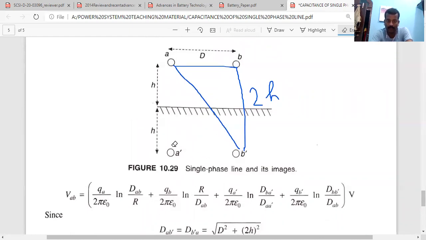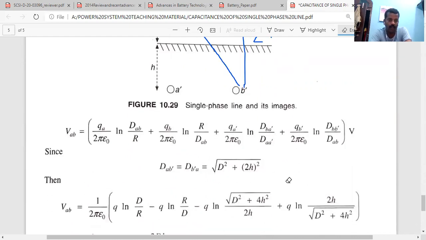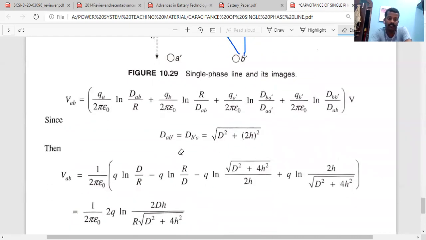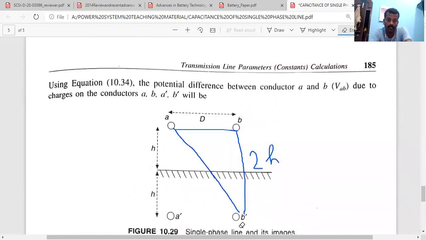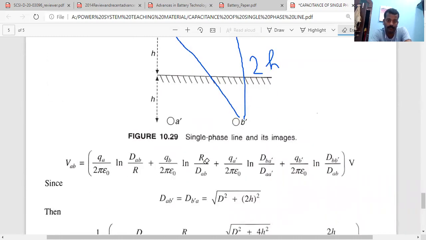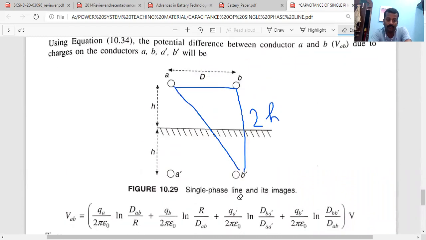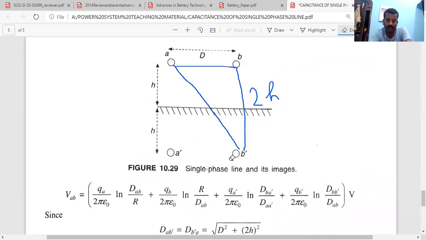The total voltage produced due to the image charge A dash will be equal to this one, and the total voltage produced by the image charge B dash will be equal to this one, and DAB dash will be equal to DB dash. AB dash will be equal to the A dash B, and this will be equal to root of D square plus 2h square. This distance is 2h, h and h, 2h, and this is the distance D.